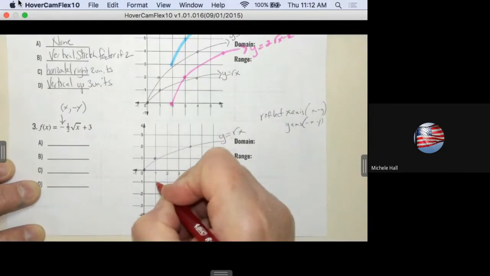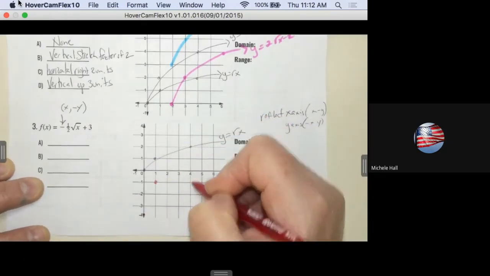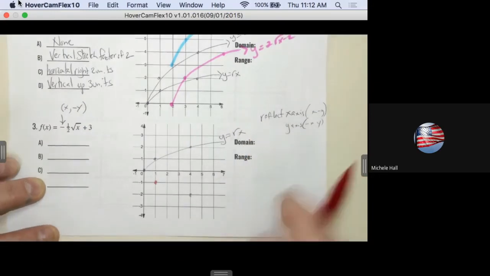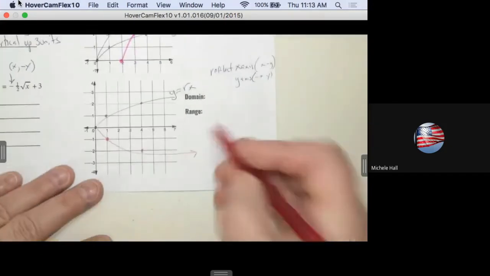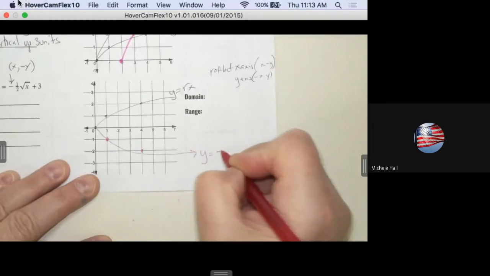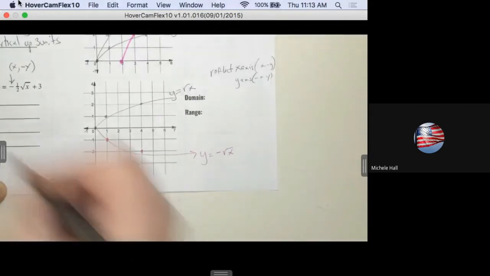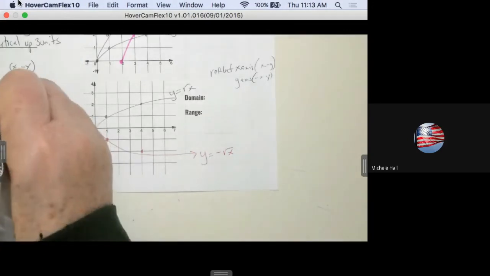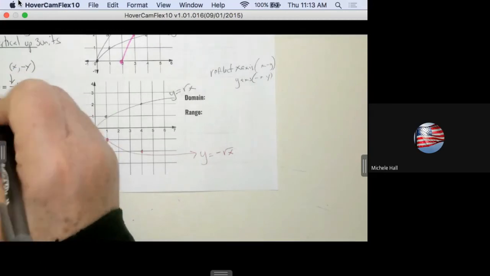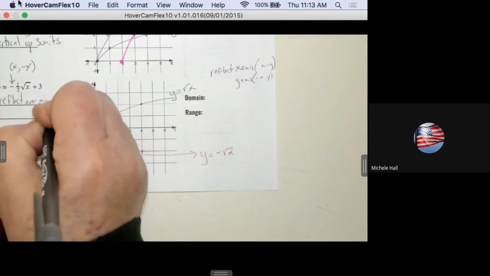We're reflecting across the x-axis. This is at 2, so it's going to be at -2. So what we just did was y equals negative square root of x. So A says, is there reflection? Yes. So we reflect over the x-axis. When we have the negative y, we reflect over the x-axis.